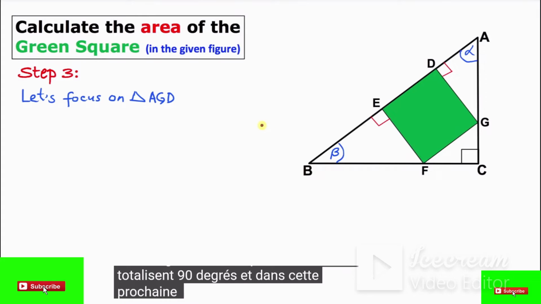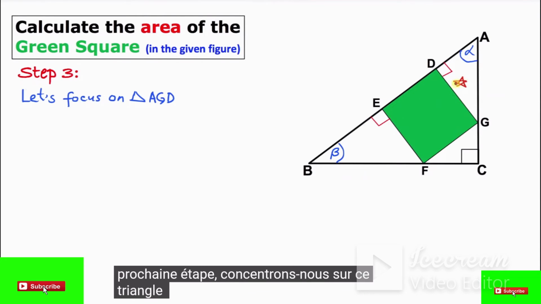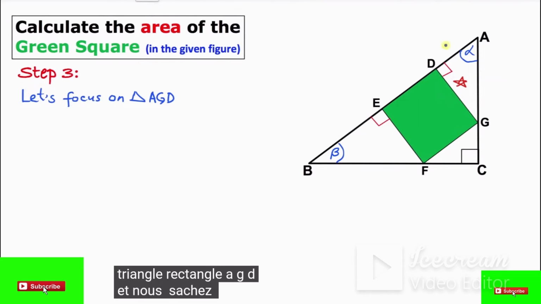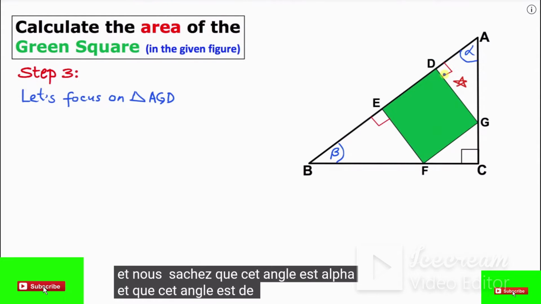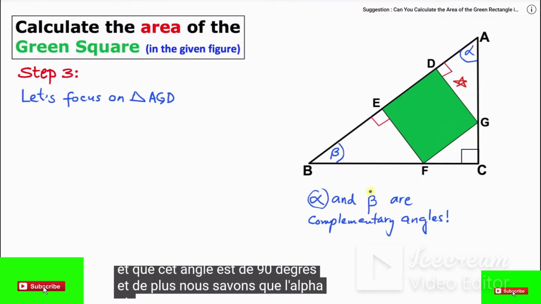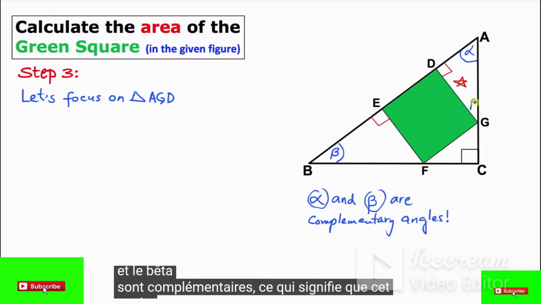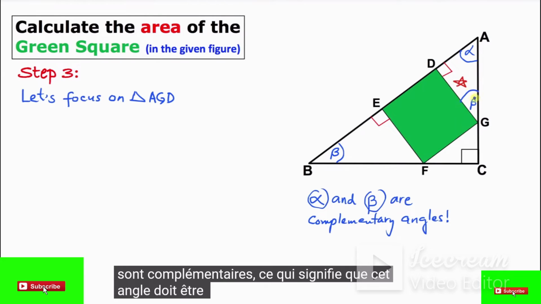And in this next step, let's focus on this right triangle AGD. And we know that this angle is alpha and this angle is 90 degrees. And furthermore, we know that alpha and beta are complementary. So that means this angle has got to be beta.